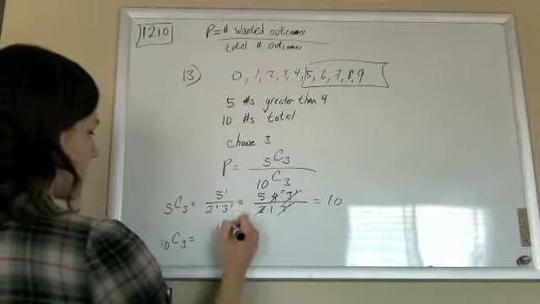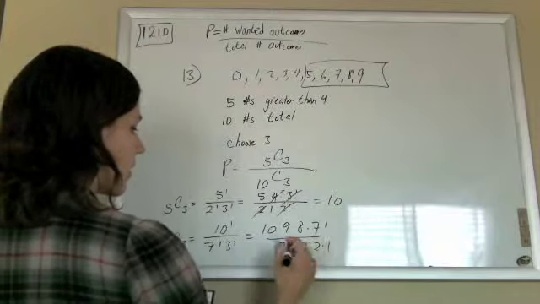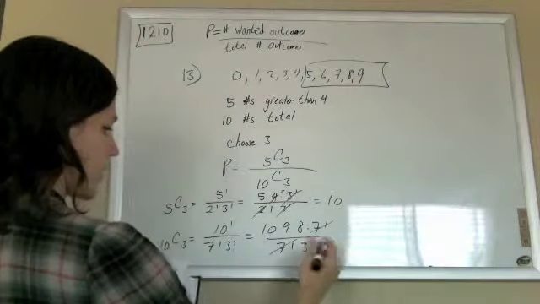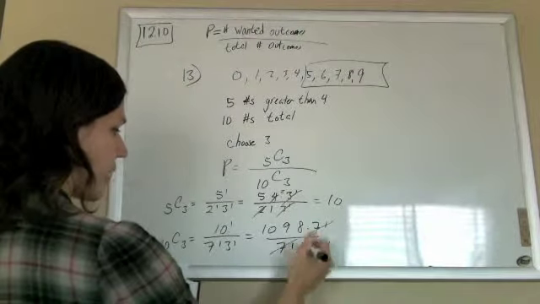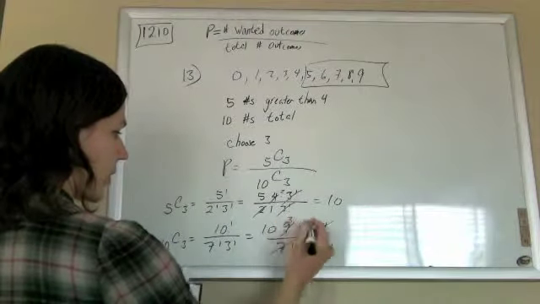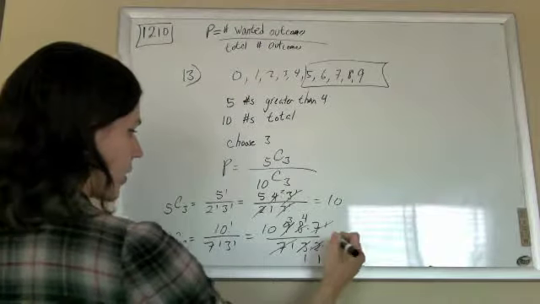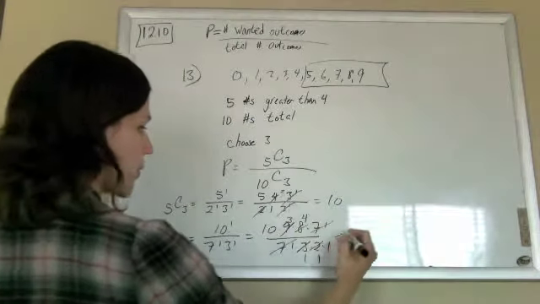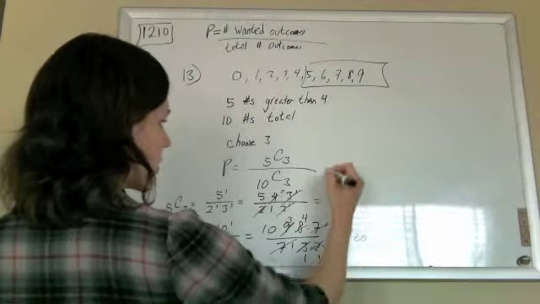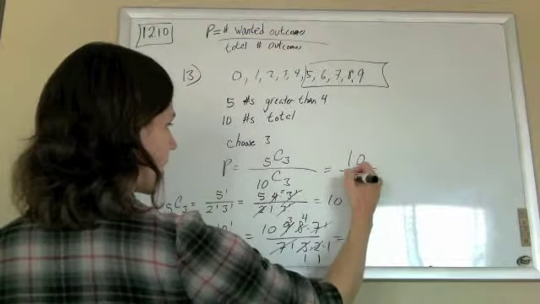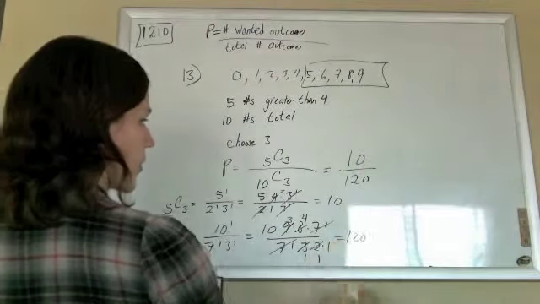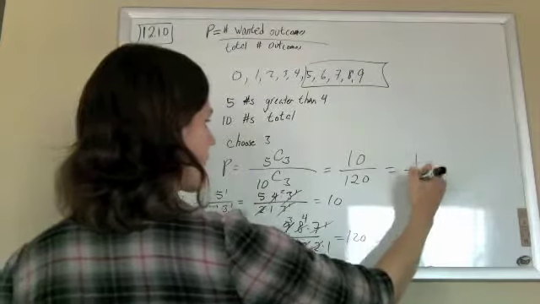So 10 times 9 times 8. 7 factorials will cancel. Even with the 3 times 2 times 1. Divide by 3. Divide by 2. So 10 times 3 times 4 is 120. So putting this back in, I have 10 over 120, so 1 out of 12.